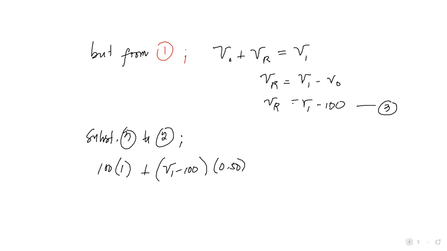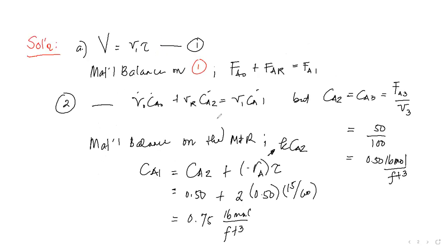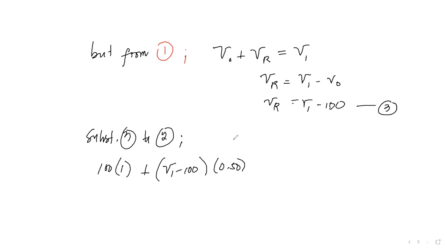We have set up the equation already, and I am substituting it there. Then V1, Ca1. So we have V1, which is still unknown, and the Ca1, which is 0.75. So from this equation, you are left with one unknown, which is V1, which we need for the volume of the reactor. So V1 is equal to 200 cubic feet per hour.